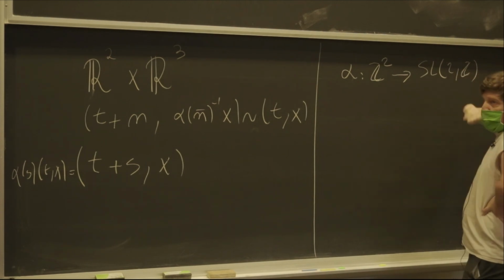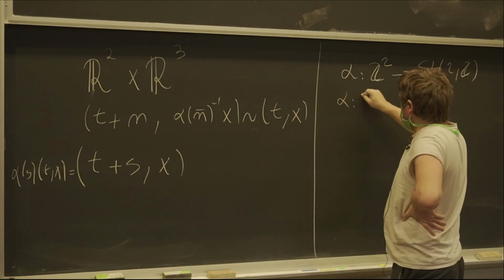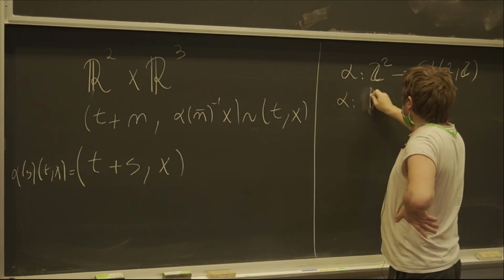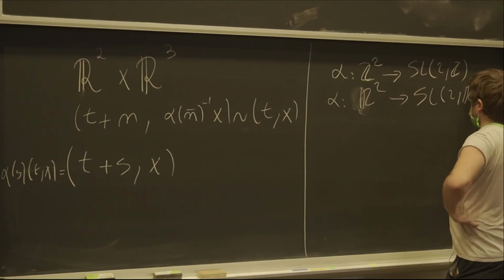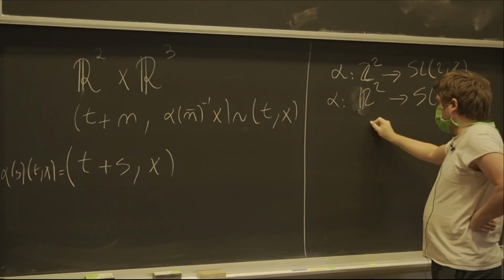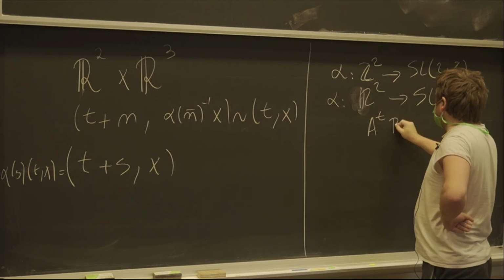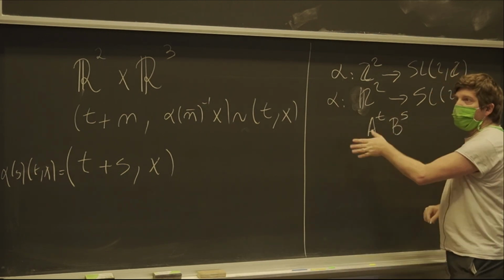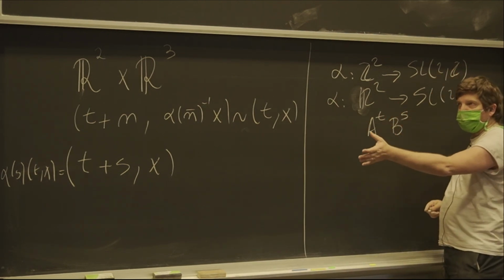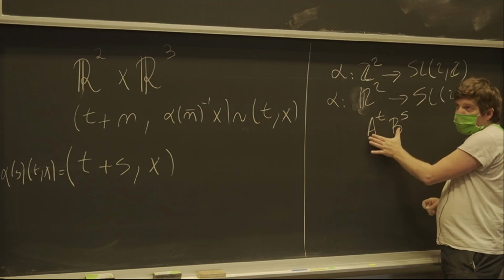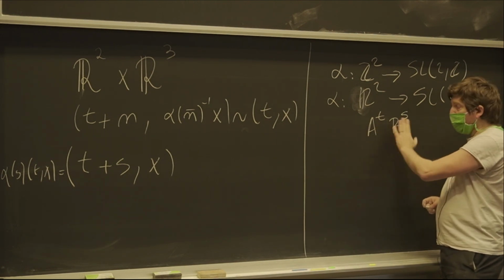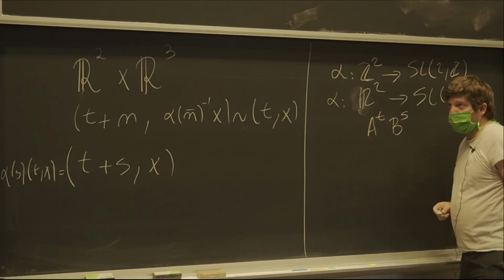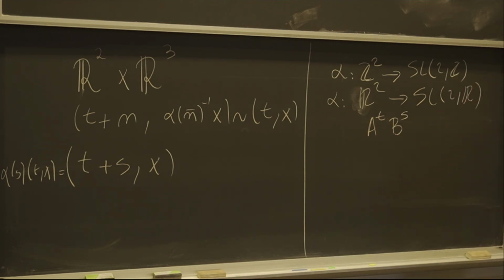So I have this, but these actually come from an R2 embedding into SL2R, which is just doing, if you want, A to the T, B to the S. And since A and B are diagonalizable with positive entries, this can be done very easily, because you can do it for diagonal and then use the conjugacy to bring it to A and B. So then you have these.